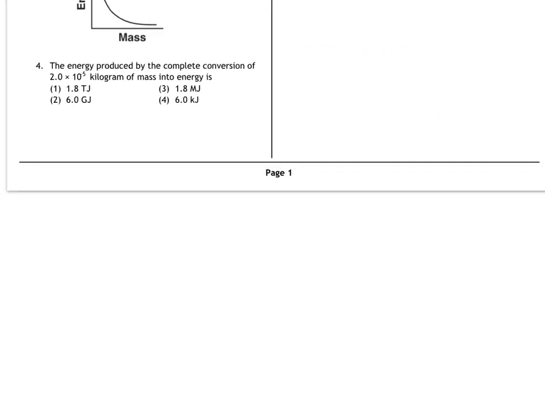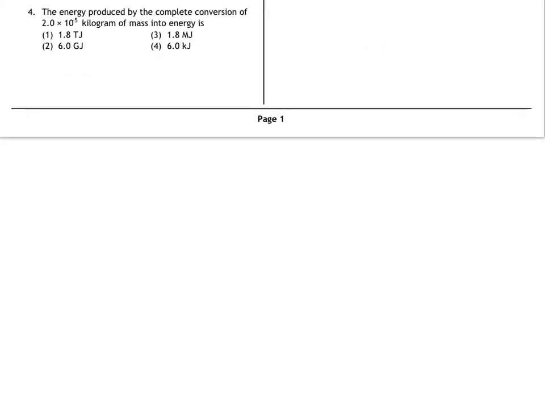Number 4. The energy produced by the complete conversion of this small number of kilograms of mass into energy would be best defined using the equation E equals mc squared. There's my mass, and the speed of light squared is 9 times 10 to the 16.